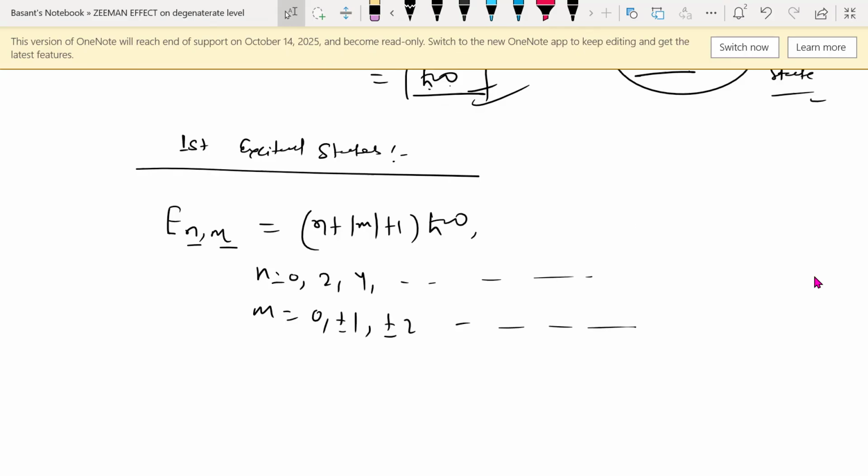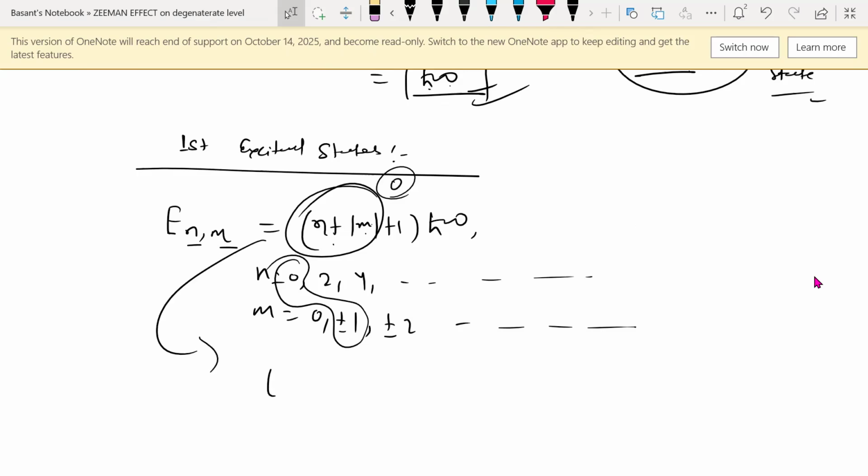The next higher level is 2 h-bar omega, because n plus mod m, next after 0, is 0 and plus minus 1, so 1 plus 1 h-bar omega, that is 2 h-bar omega.